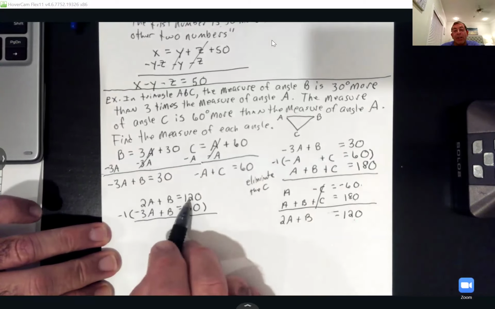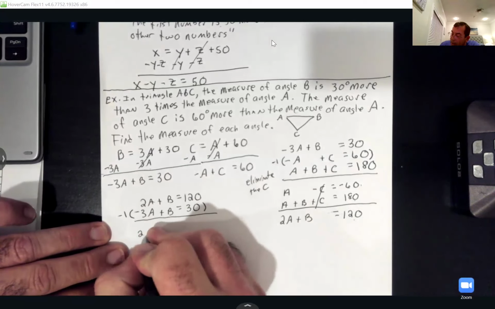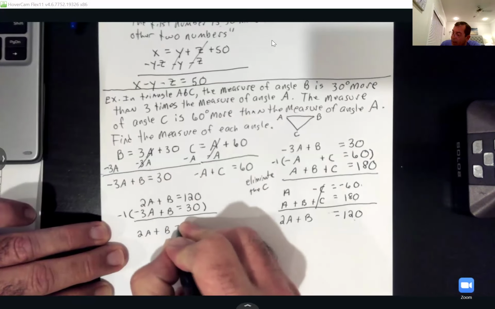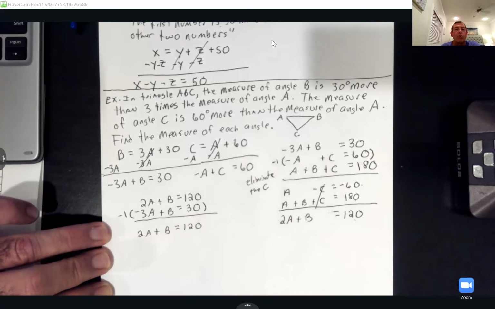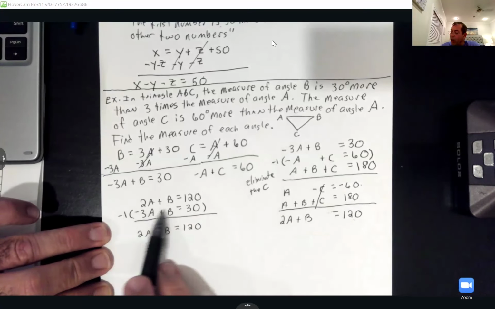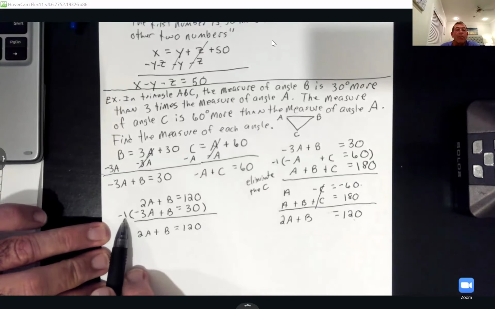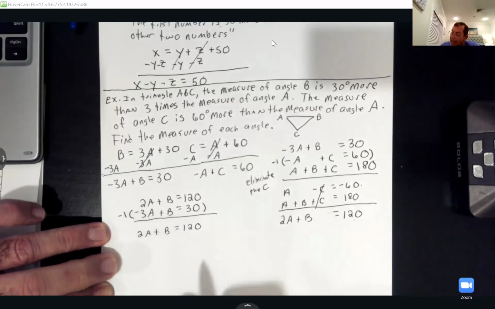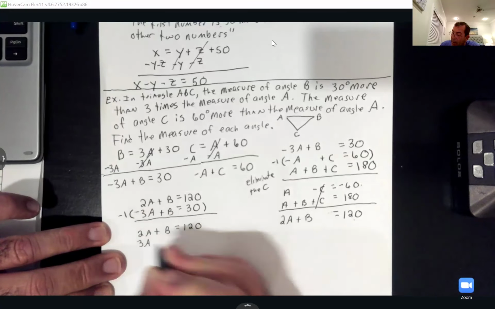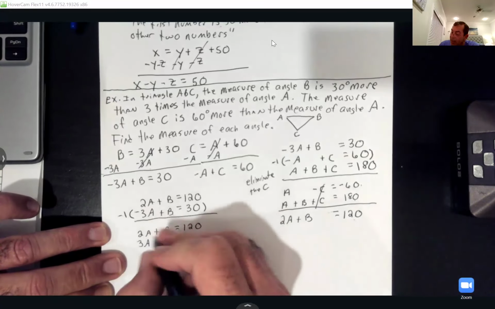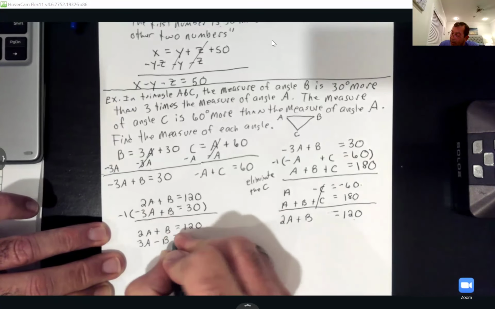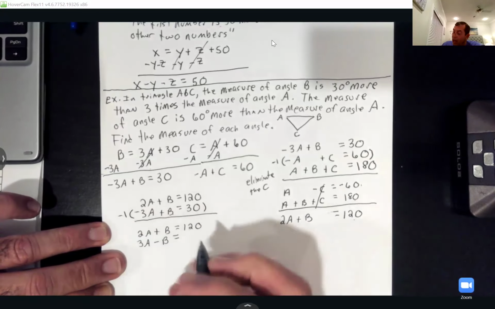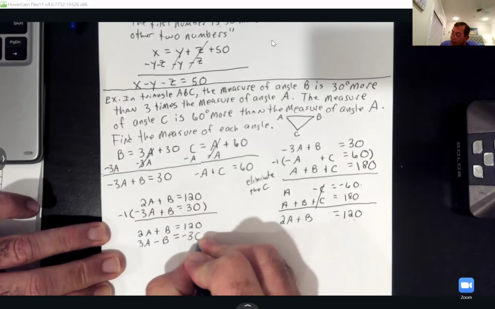So I'm not changing the top row. So 2A plus B equals 120. We are changing this row, and all this negative is doing is going to change all the signs. So negative times negative makes that a 3A. Negative times B makes that a -B. And then our negative times 30 makes that a -30.